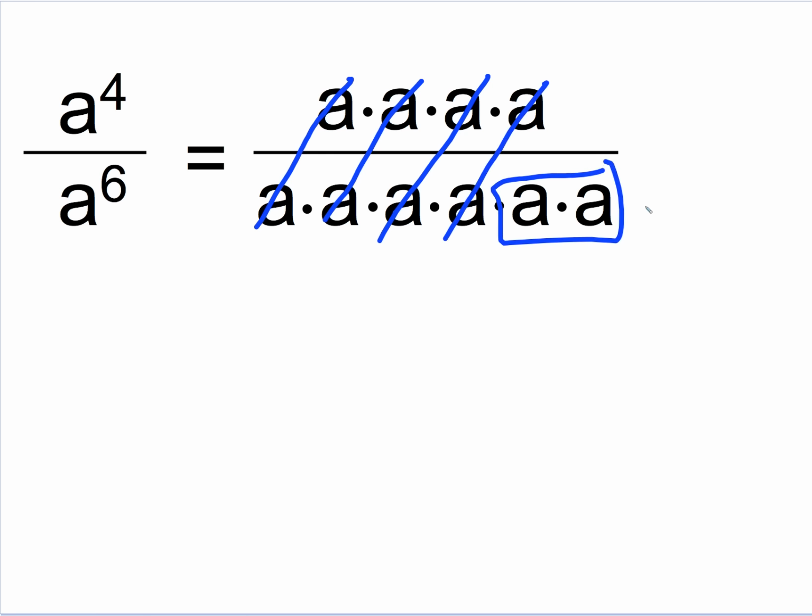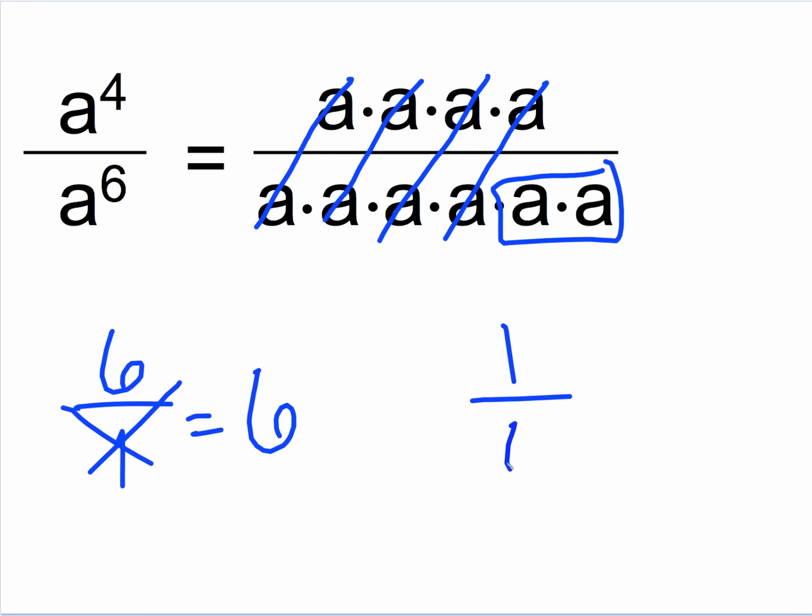Now be careful here. When you take a number and divide by 1, let's say 6 divided by 1, it's itself, 6, so you don't need to write the 1. But if you have a 1 in the numerator, you have to keep that, because that's not the same thing as 6 divided by 1. So in this case, since we have nothing left in the numerator, what we really have is a 1.